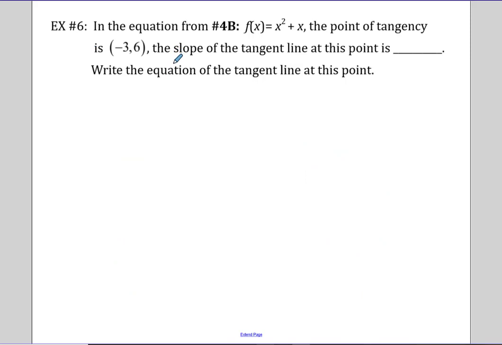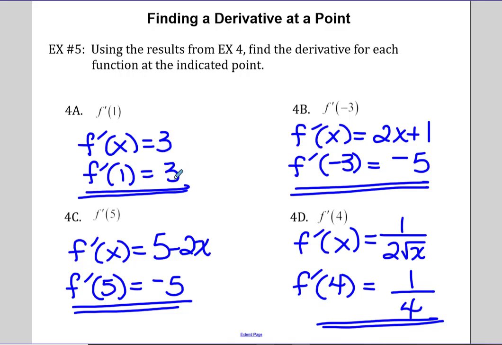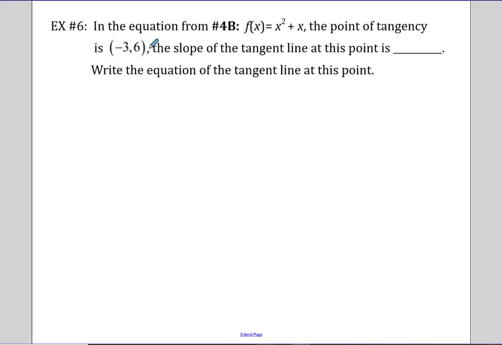In the equation from 4b, x squared plus x, we said the point of tangency is negative 3, positive 6, and we got that right here. Negative 3 and positive 6. The slope of the tangent line at this point is negative 5.